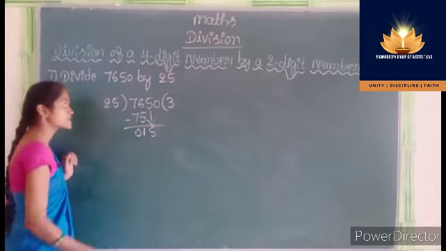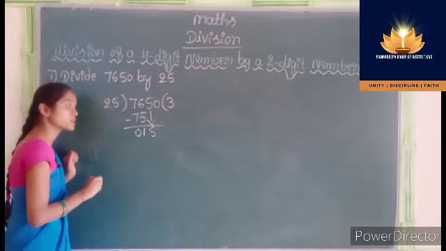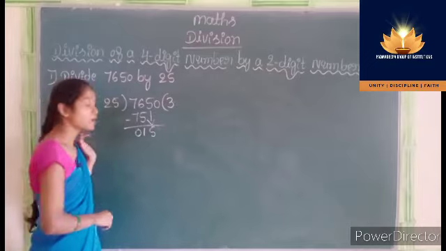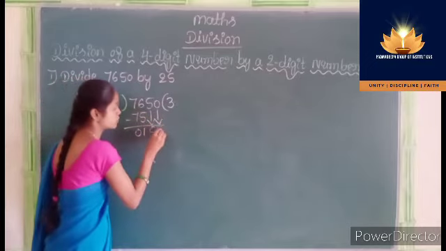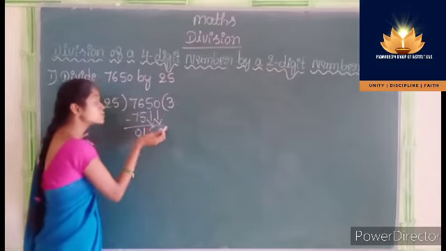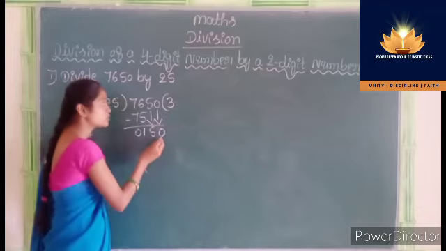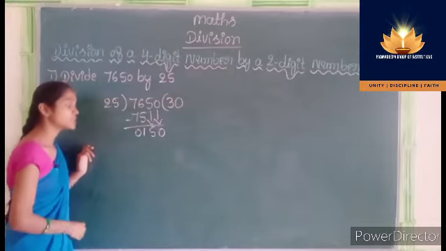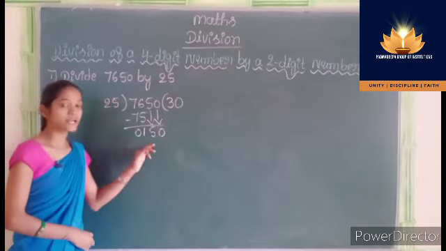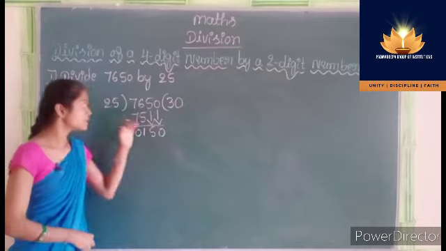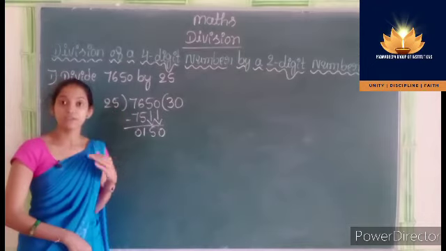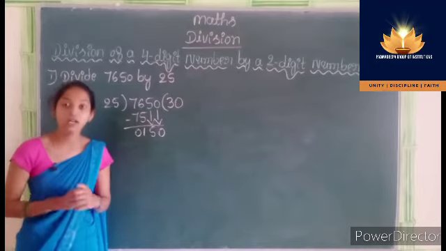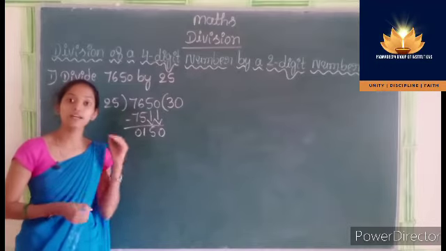15 is less than 25, so we cannot divide 15 by 25. That's why we have to bring down this 0. So when we divide two numbers at a time, we have to put 0 in the quotient place. Now tell me which number is less than or equal to 150 in the table of 25. 25 fours are 100, 25 fives are 125, 25 sixes are 150.